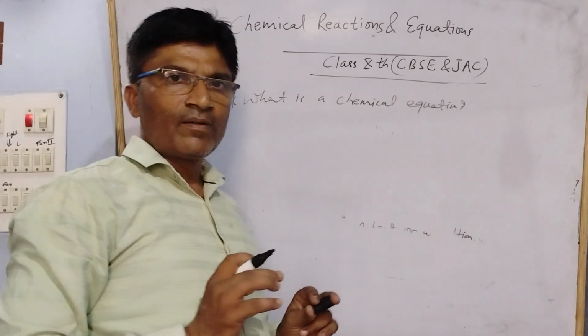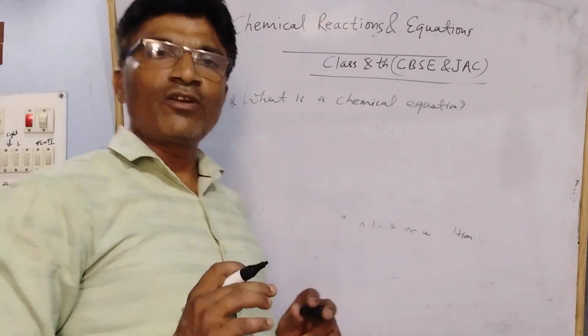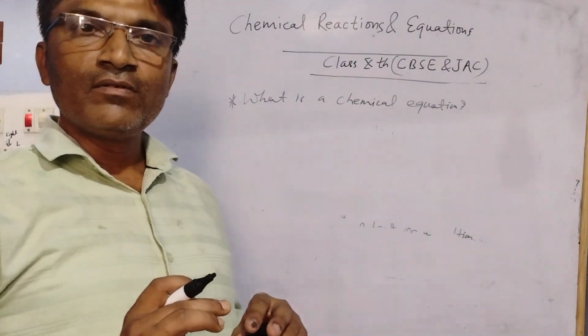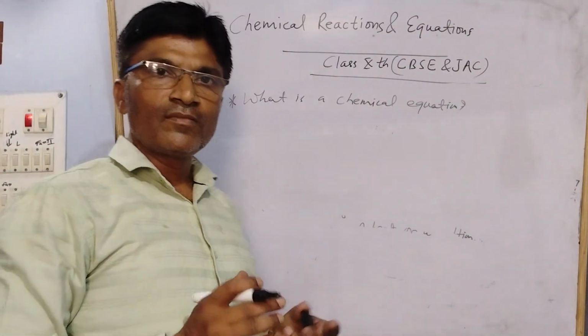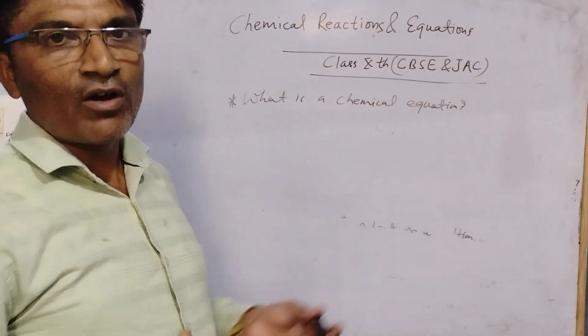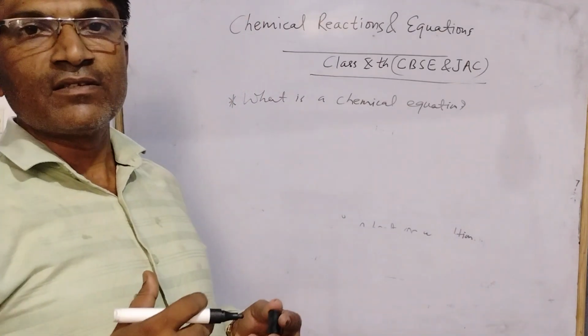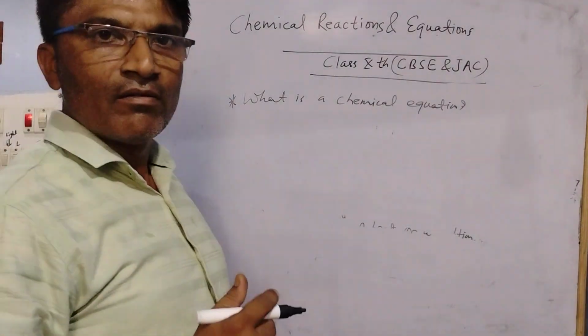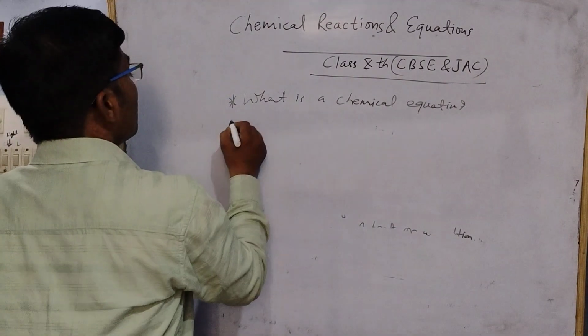A very brief representation of a chemical reaction in terms of formulas or symbols of the substances is called a chemical equation.